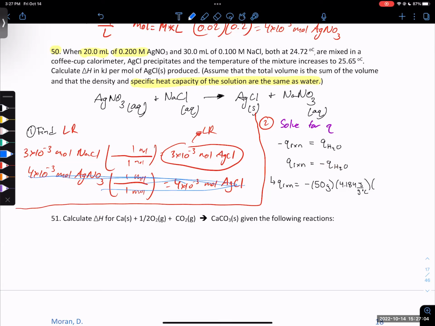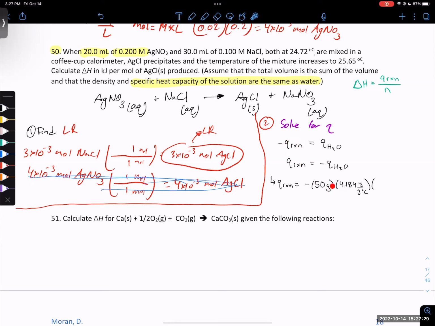And I need to explain why: the enthalpy equation is delta H equals Q reaction over the amount of moles involved in that reaction. So in order to solve for delta H, I need to find Q reaction.